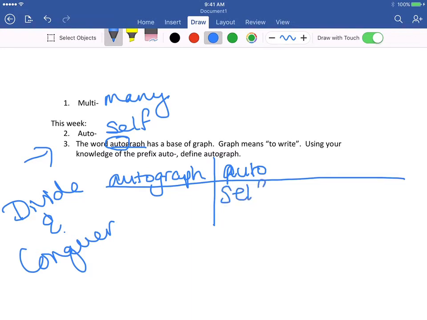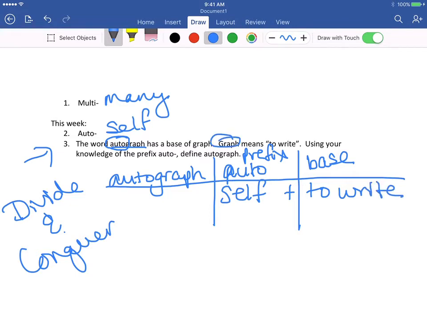Self, right? That goes there. And then I have my plus sign here. So this is my prefix. And then I have my base here, or my root. And my base means to write. To write.